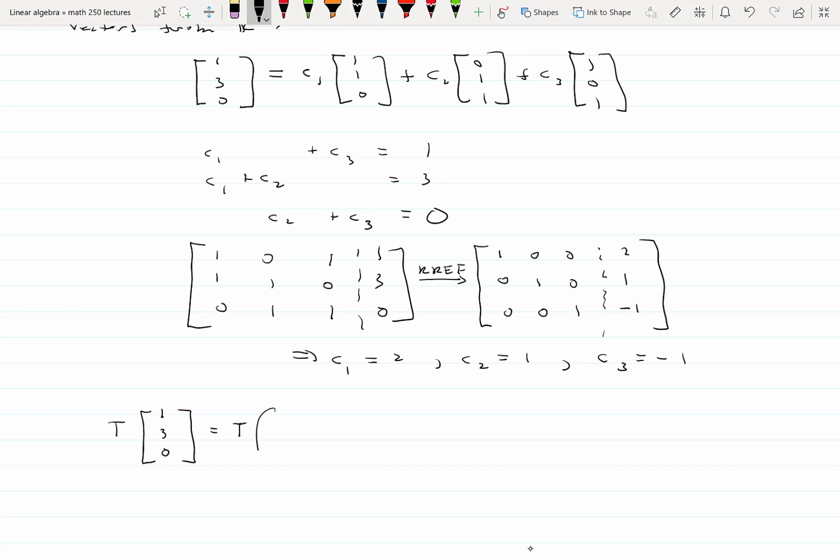It's going to be T of the linear combination of the basis vectors: (1, 3, 0) is 2 times (1, 1, 0) plus 1 times (0, 1, 1) plus negative 1 times (1, 0, 1).